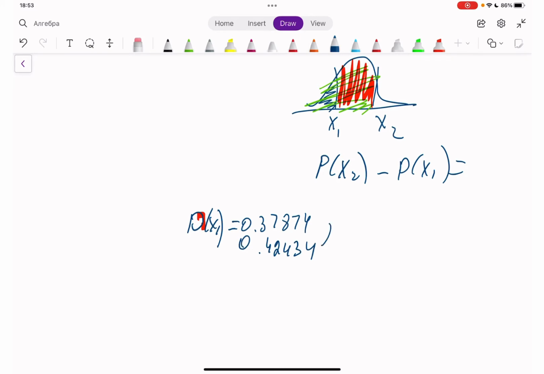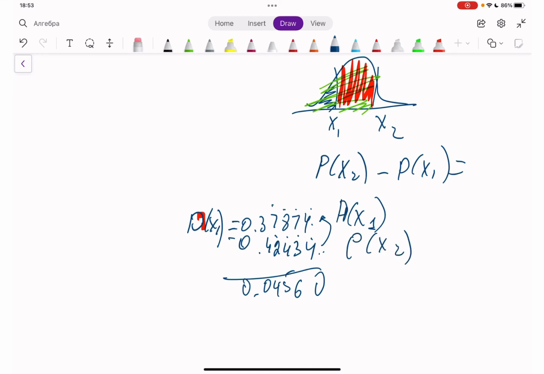I'm going to subtract from here this number from this number. So 4 minus 4 is 0, 13 minus 7 is 6, here is 3, 13 minus 8 is 5, 11 minus 7 is 4, here is 0, 0.04560. Remember, we needed to subtract. This is my x1 probability. This is probability for x2.